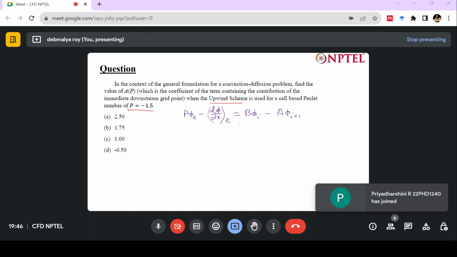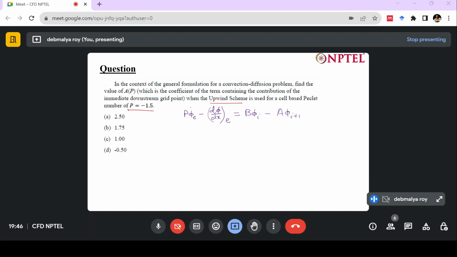Now, in the previous case, this phi e was taken equally from both sides. So this is I plus 1 and this is I. This makes sense for a diffusive case, but if I have an advection and there is a flow taking place, let's say from this direction to this direction, then which value will influence the interface value?